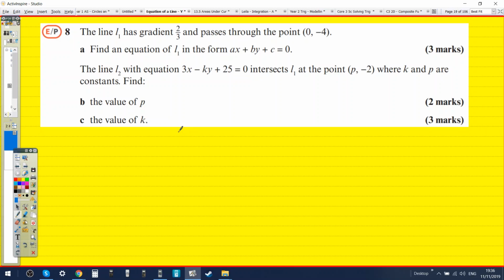Yep. Or simpler, y equals mx plus c. I just need to put in minus 4 equals 2/3 brackets x, oh no, brackets 0 plus c.